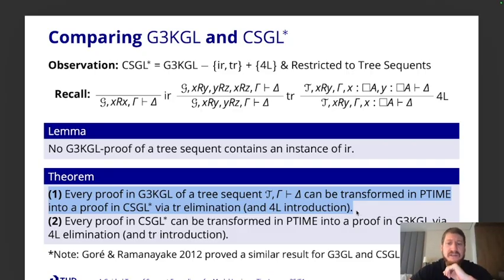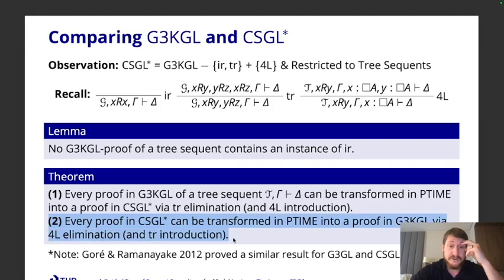And when this happens, this can introduce the for left rule applications. And through TR elimination, this will give you a tree sequent proof as the output. And you can also do the opposite, reintroducing TR applications and removing for left applications to go from the tree sequent setting to the labeled sequent setting.